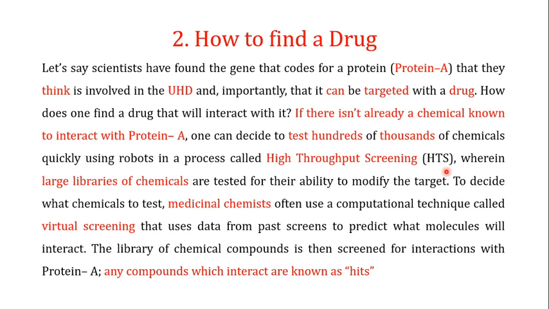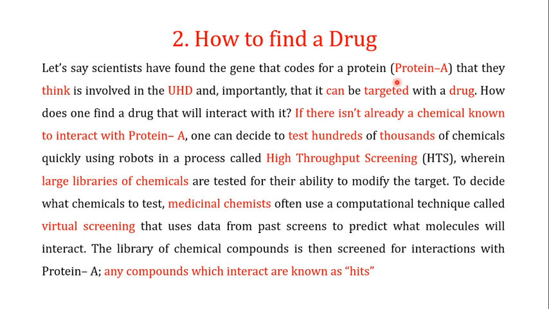Now in this particular video, I want to focus on how to find a drug. Once you have identified a good, promising target, the next step in drug designing is to find a suitable drug. Let's say scientists have found the gene that codes for a protein.